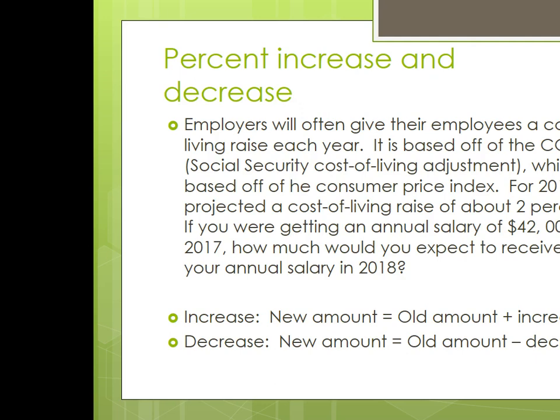So you basically need to figure out 2%, right? And then it's going to increase by that amount. So you need 2% of 42,000. So if you use your PRB formula, the rate is 0.02, 2%. The base is 42,000.